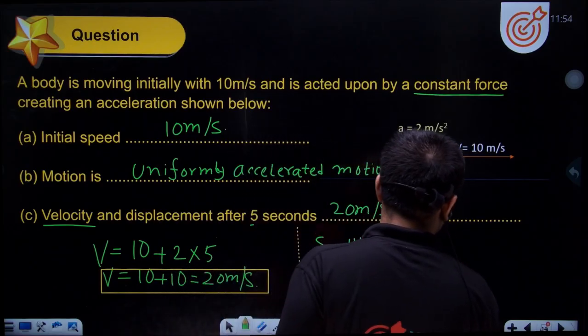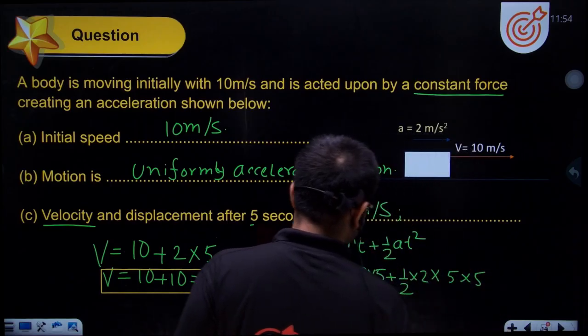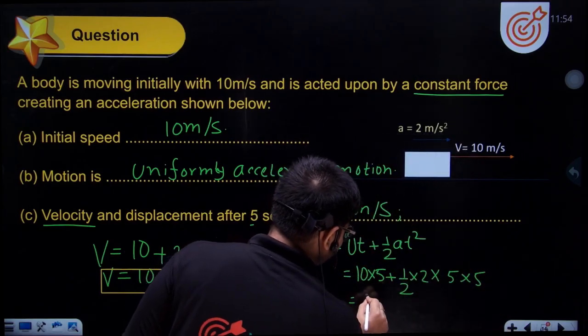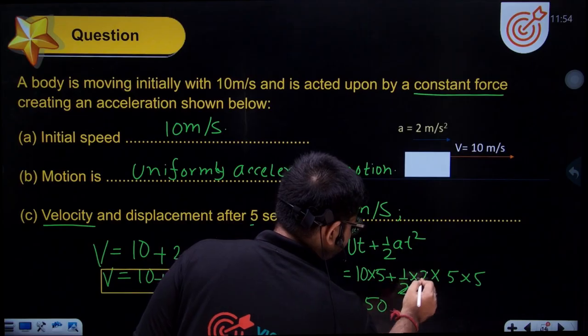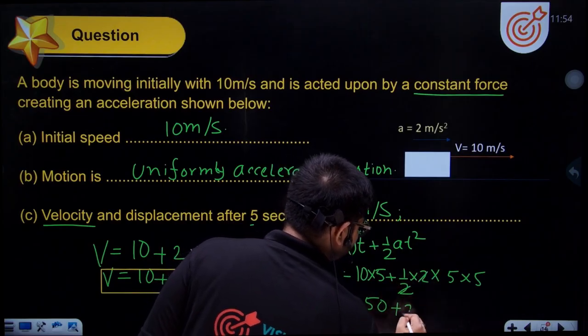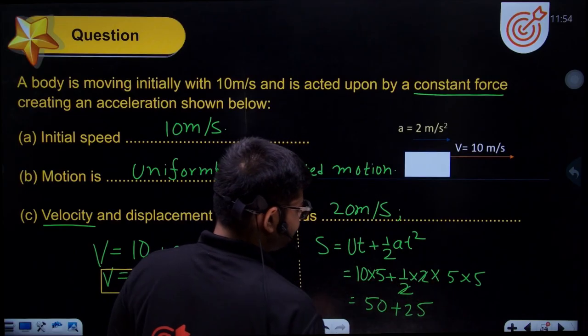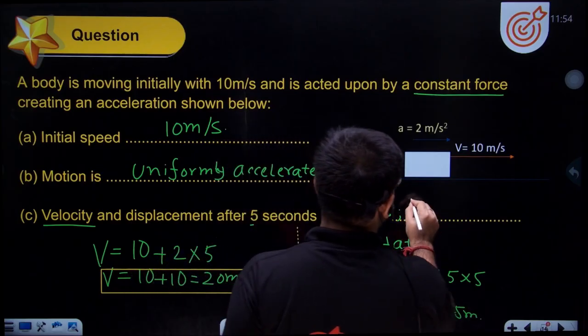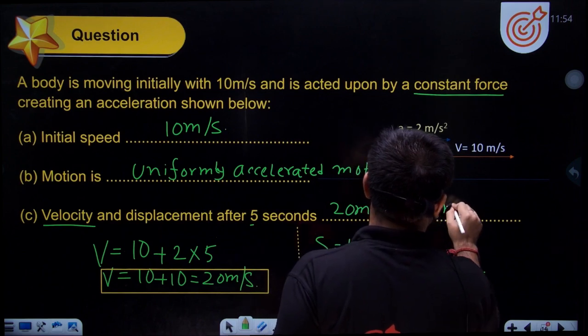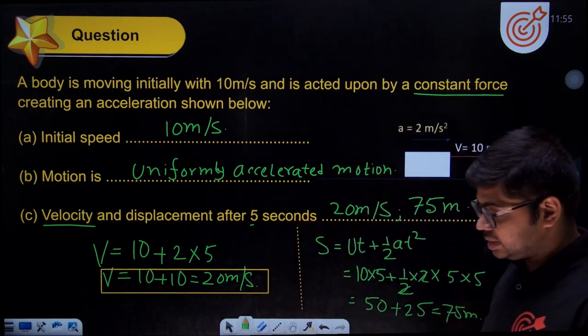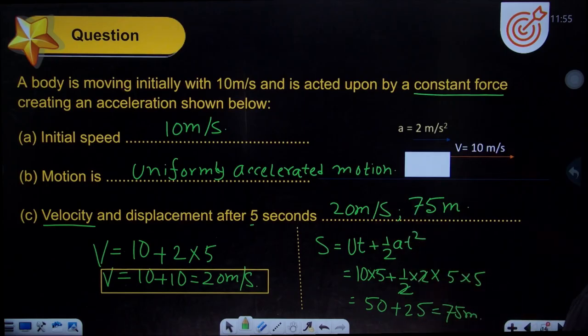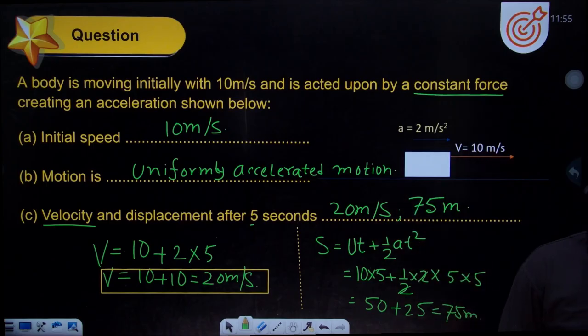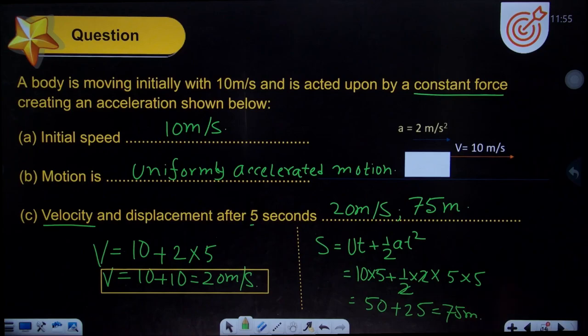T is 5. So this is what we will have, 50 plus 25. So this gives you a value of 75 meter. So your displacement is going to be 75 meter. Please note it. Very important sum.